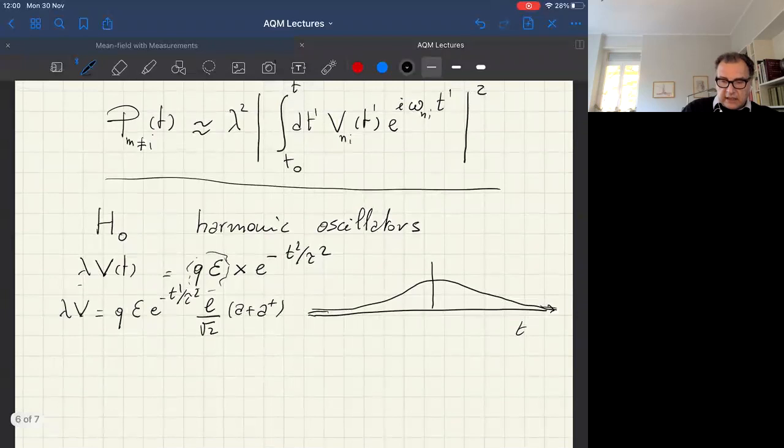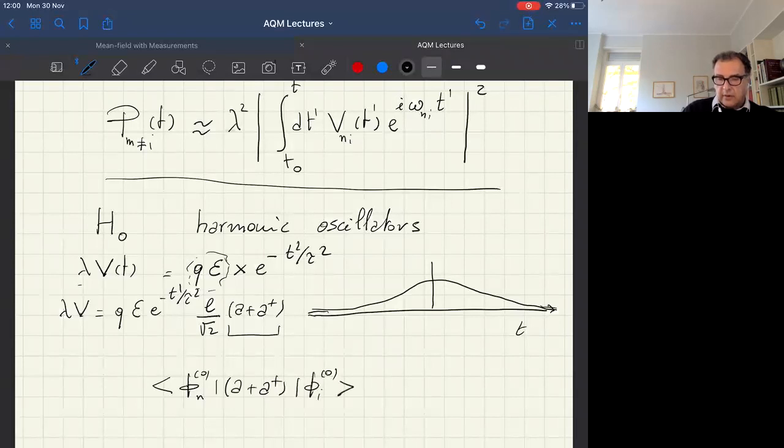Now, basically, what I have to compute are the matrix elements V_ni. So I have to compute phi 0 of n, A plus A dagger, phi 0 of i. Okay, tell me, if you start with the ground state, i is 0, okay? So what is the only matrix element different from 0?